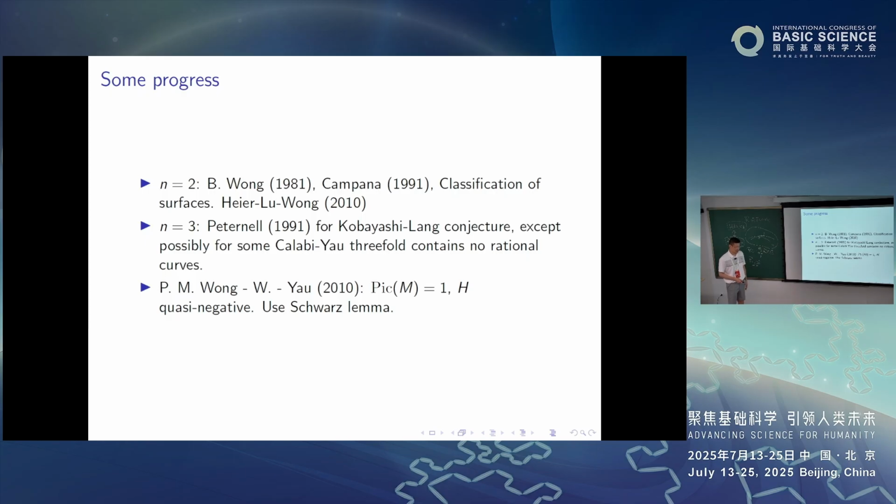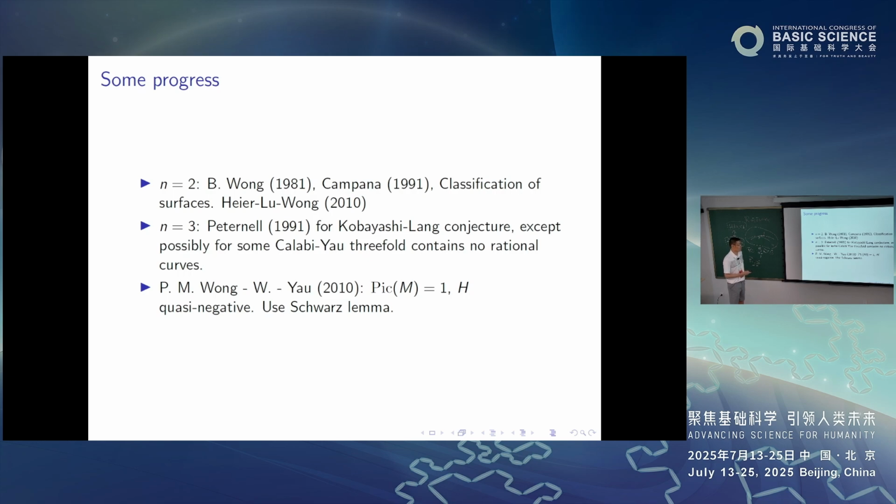You cannot have an elliptic curve also, because if you have an elliptic curve, you can go to the C cover. So by classification of these, you can prove the Yau conjecture and Lang Kobayashi.